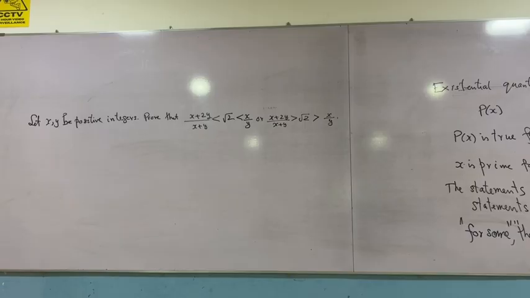So can they be equal? x plus 2y over x plus y less than or equal to root 2 less than or equal to x over y? I mean, by writing that will we get anything? No, because we know that they will never be equal.